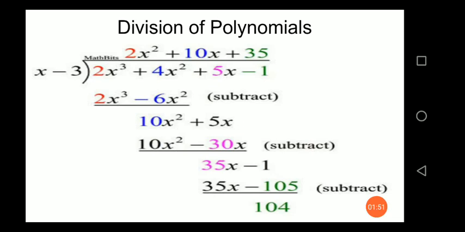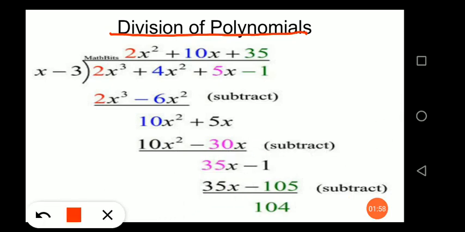Let's move forward. Division of polynomials. Now we will revise how to divide polynomials. The first step: whenever we have to divide a polynomial, we have to arrange it in the decreasing order of powers of the variable.